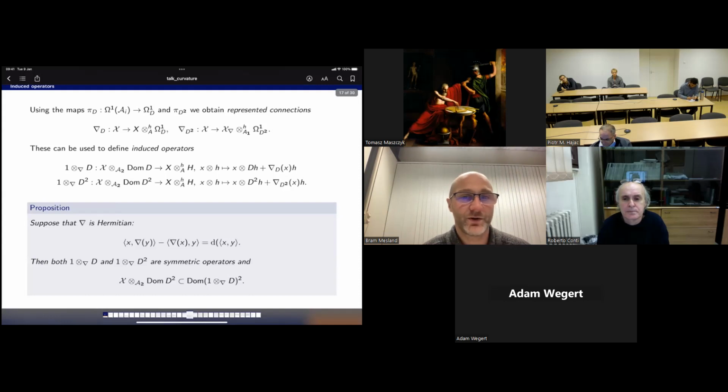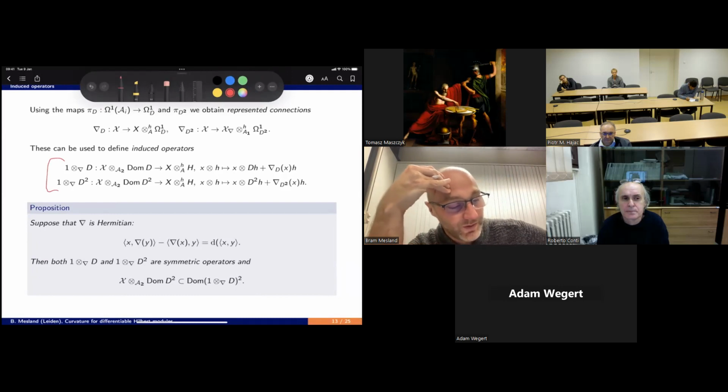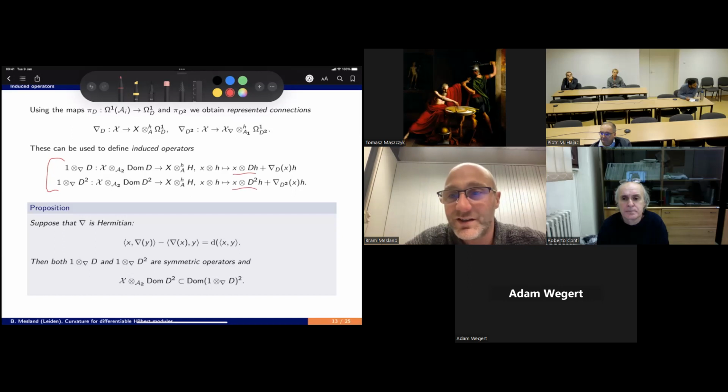And when you have these represented connections, you can form induced operators. And this is a construction that also, I think, goes back to Kohn in the finitely generated projective case, where what you need to do is, when you want to induce an operator to a balanced tensor product, you have to account for the fact that this kind of expression is simply not well defined with the balancing.